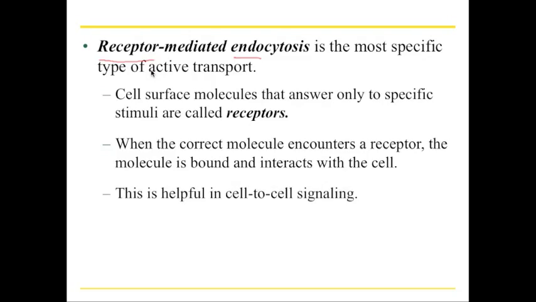It can be a signaling molecule. If you think about something like a nerve cell, a good example for cell-to-cell signaling, at the end of one of the nerve cells you're going to have chemicals, and these chemicals are going to be released when an impulse travels.